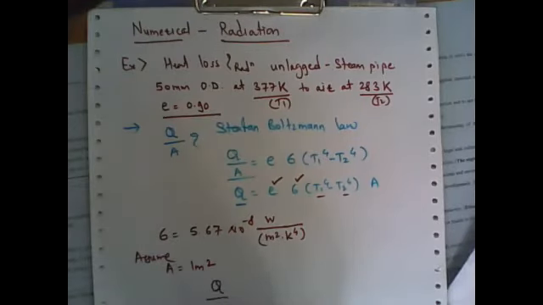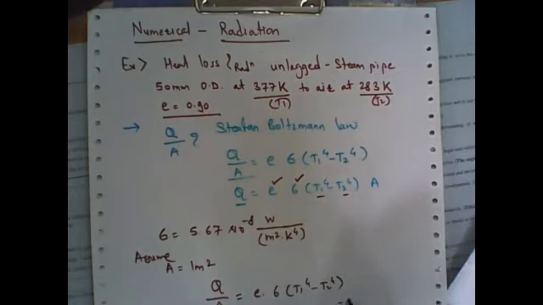then this Q by A, that is Q by 1, is E into sigma T1 raised to 4 minus T2 raised to 4. That is E is 0.90, sigma we know is 5.67 into 10 raised to minus 8 watt per meter square Kelvin raised to 4, and temperatures in Kelvin are 377 raised to 4 minus 283 raised to 4.